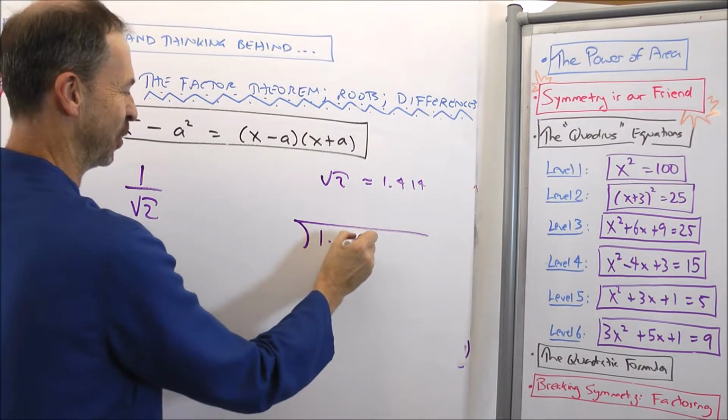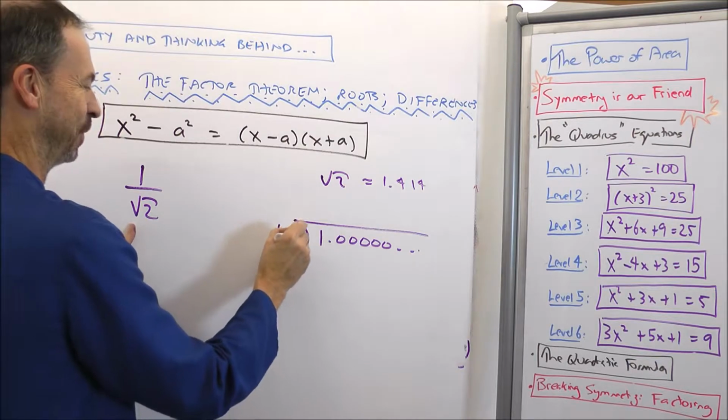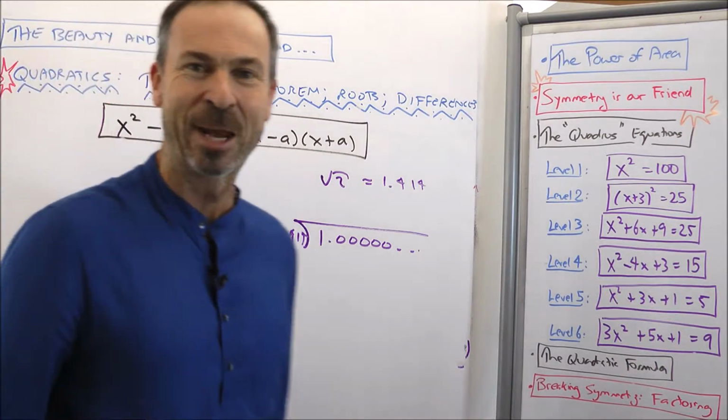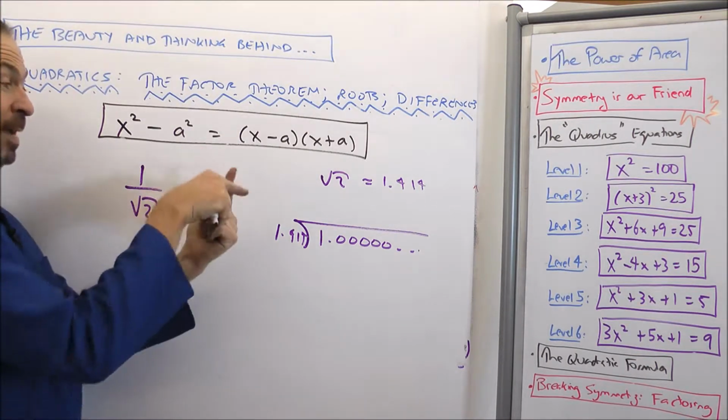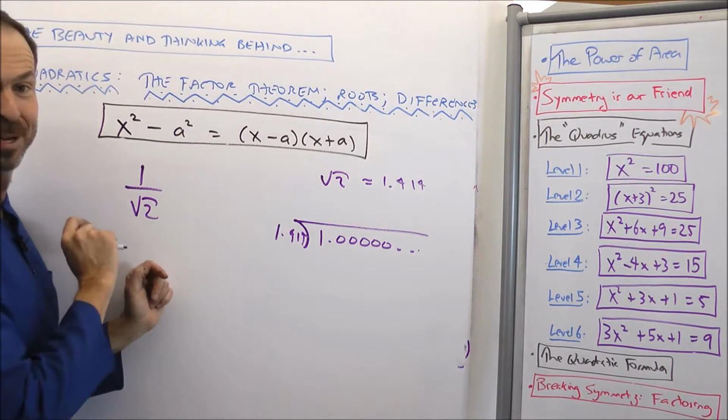This is what I would have to do as a student on my paper. Do long division, and it would be miserable. Now, on a calculator, this is fine. Just get at my calculator, go 1 divided by 1.414, and out will come an answer.